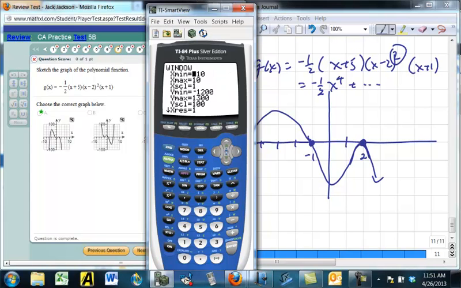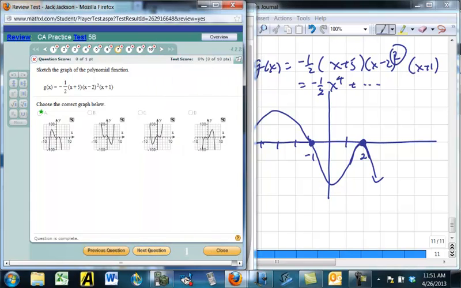On the x's, the grid is spaced in 2's, and on the y's, the grid is spaced in 20's, I think. Okay, so let's look at the graph. Yep, that's A. Sure enough. Okay, let's go on. Next question.